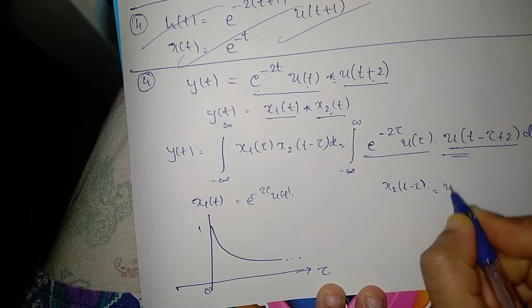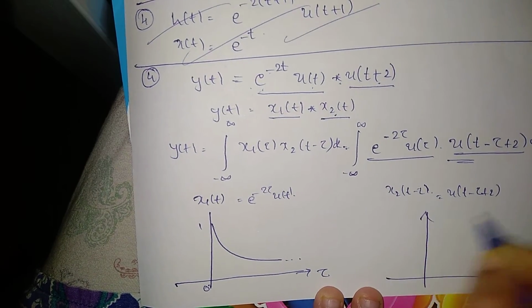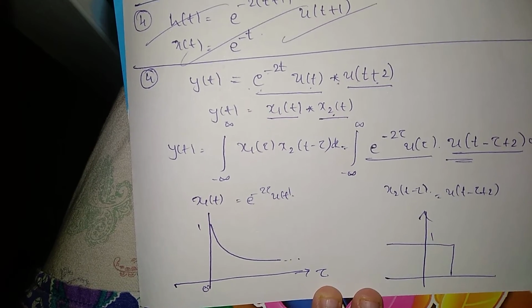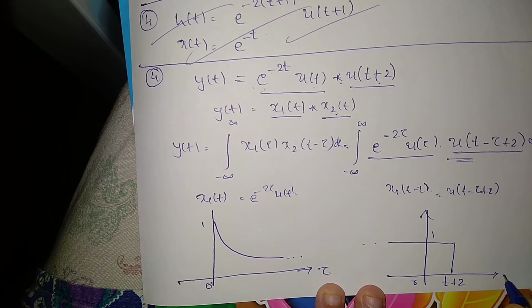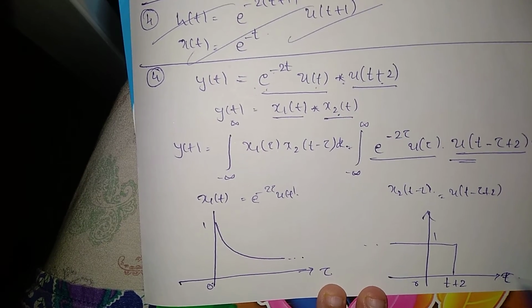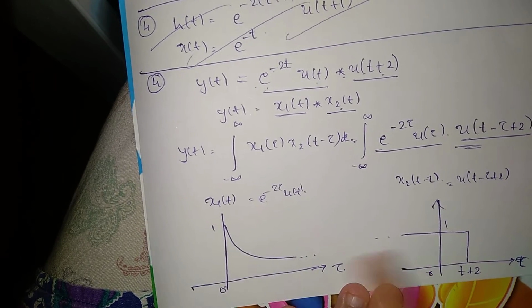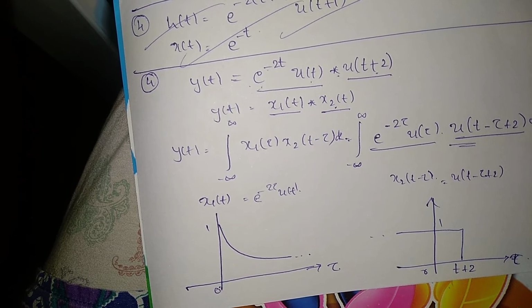That is u of t minus tau plus 2. So it is minus tau, so I am taking this side with an amplitude 1 from t plus 2 to negative infinity. This is your x2 of t minus tau. Now we need to multiply these two equations to get the value of y of t.